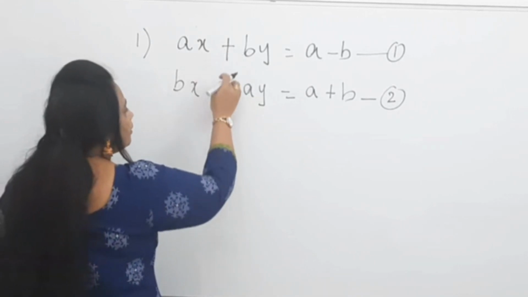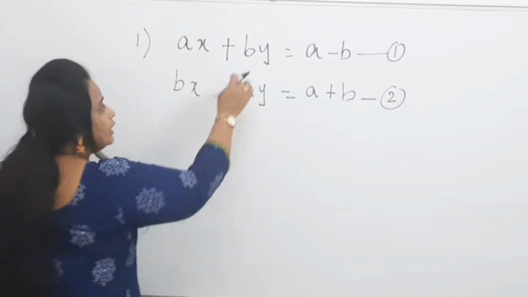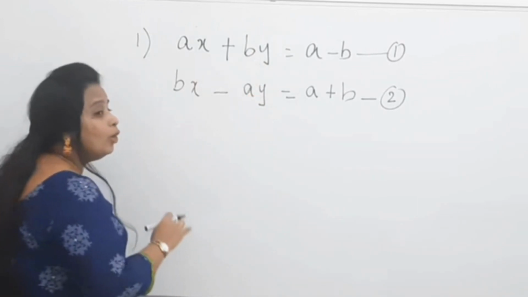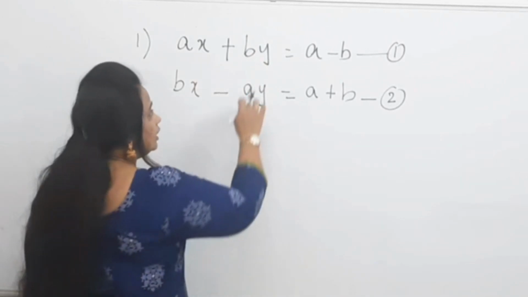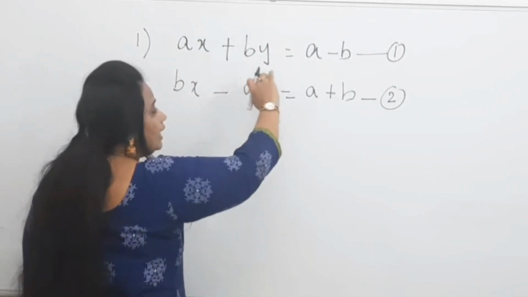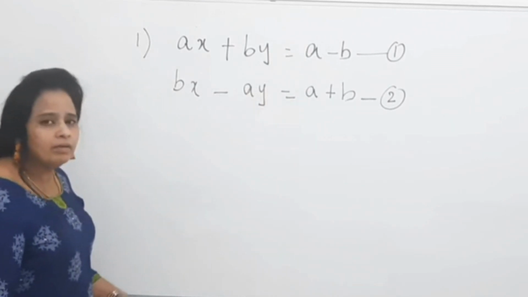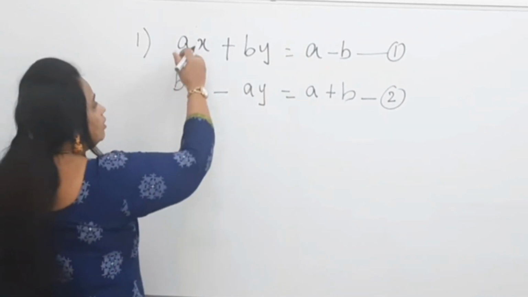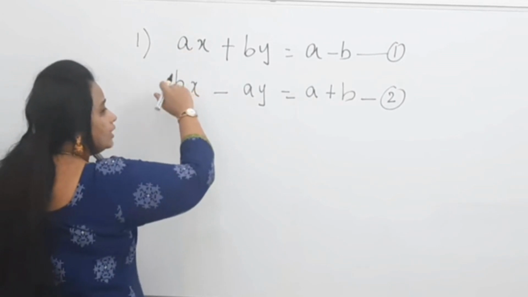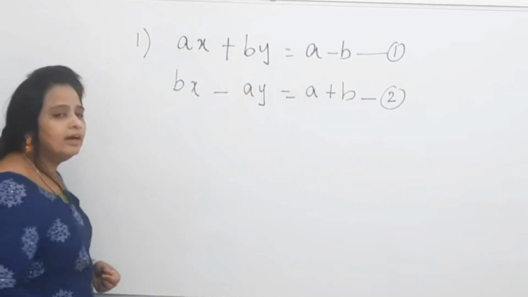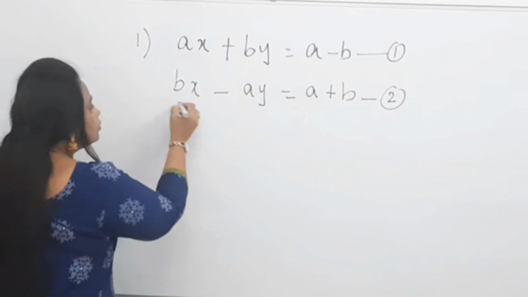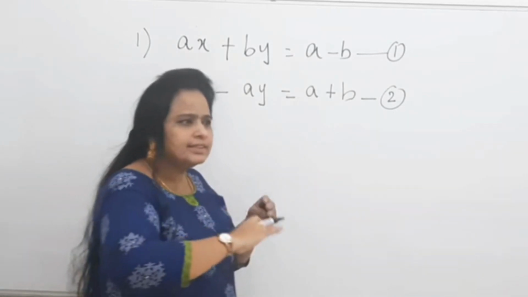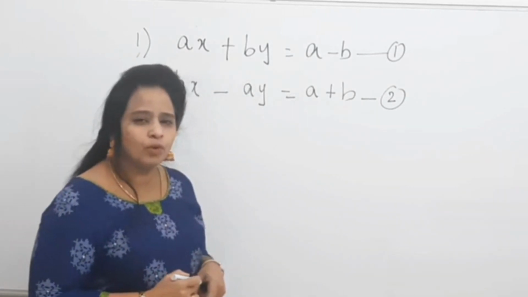It's already given plus and minus here, so it is easy to cancel the y terms when I multiply with a suitable number, rather than cancelling ax and bx by multiplying another number, because you have to change your symbol. That's the extra step you have to go.